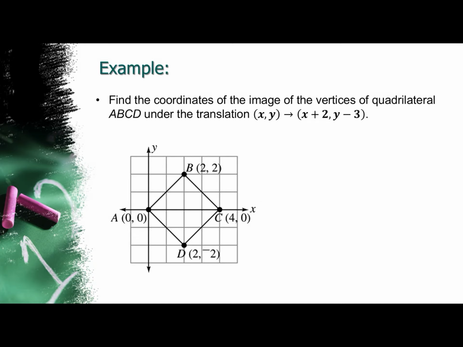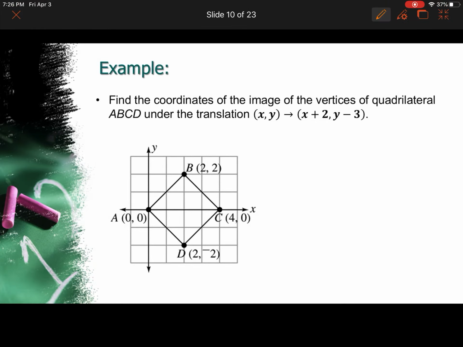Right. So here we just have the definition, right? I'm going to move, the x's are going to be adding 2, the y's are going to be subtracting 3. So (0, 0) is going to go to 0 plus 2 and 0 minus 3.